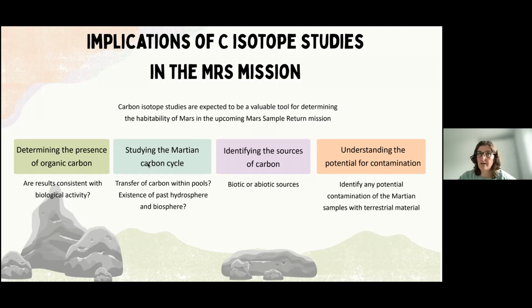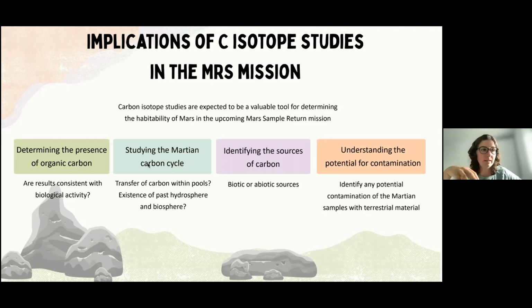And also another implication is the understanding of the potential for contamination. And this topic is very challenging and is very important. Because carbon isotopes can help to identify any potential contamination of the Martian samples with terrestrial material. So when the samples arrive to Earth, we can discriminate if the signature is proper from Martian samples or if it is contaminated.